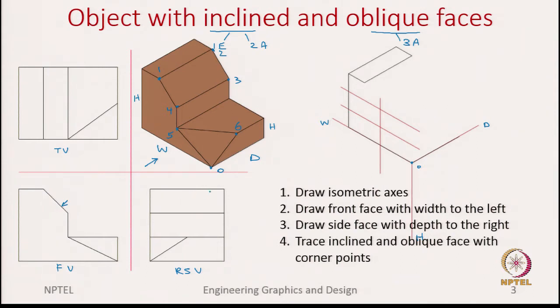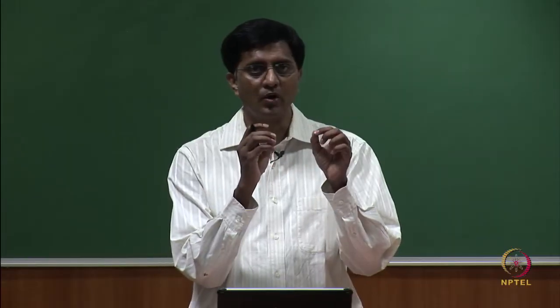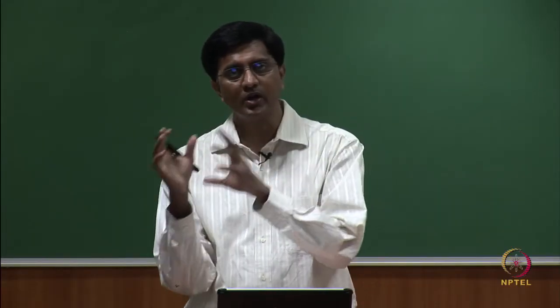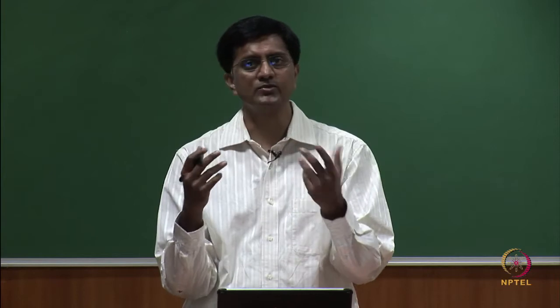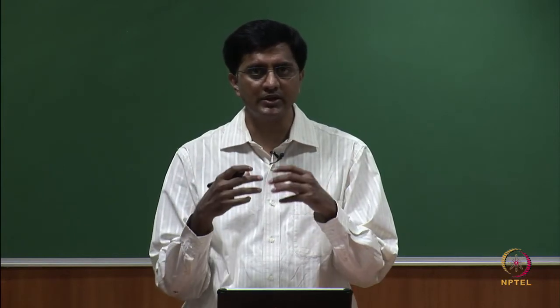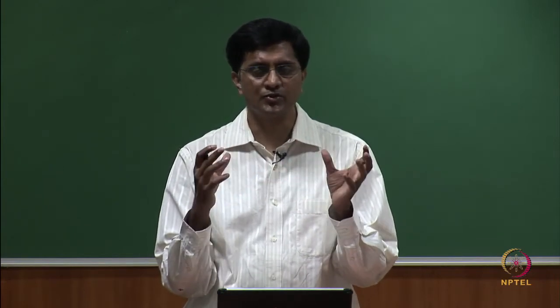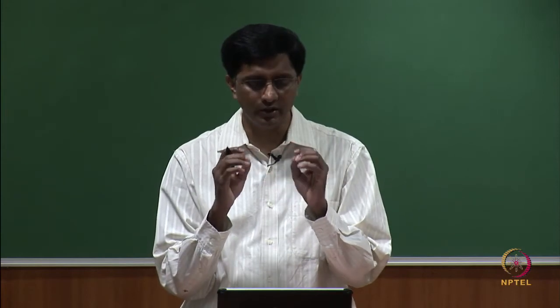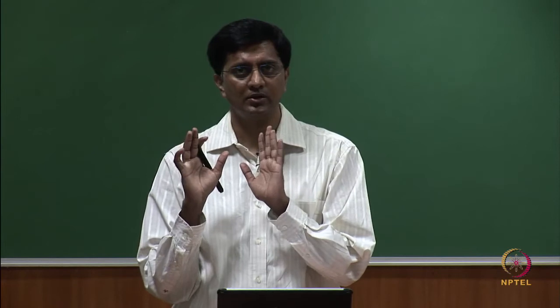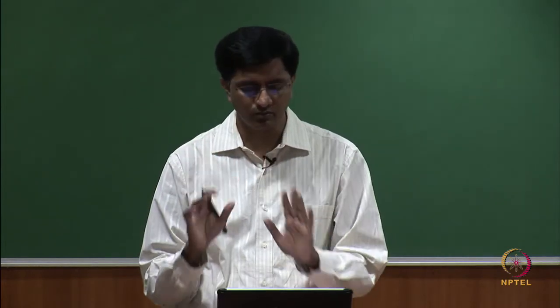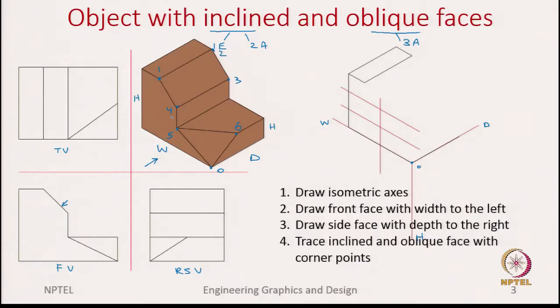Okay. So, once we are able to trace where these points 1 to 6 go in the isometric view, then it becomes easy to develop the solid, because then you just need to join those points. So, first you only need to focus on where these points are lying on the isometric drawing. Okay.